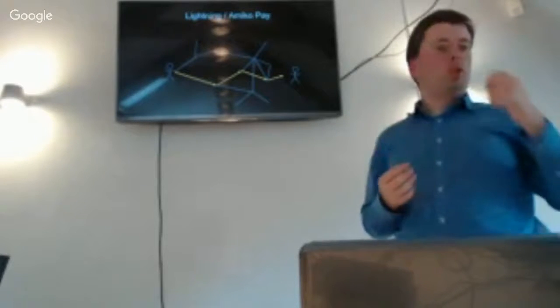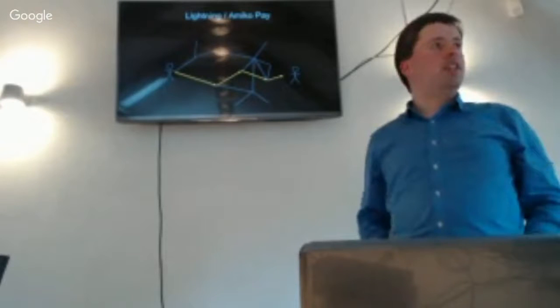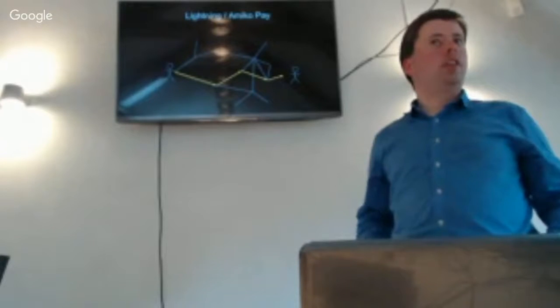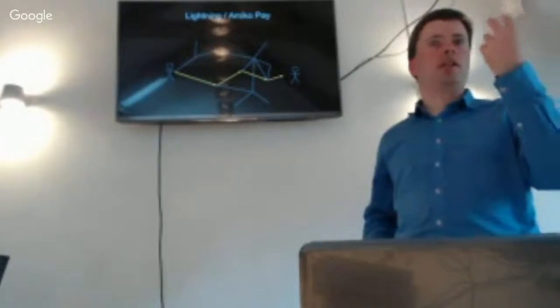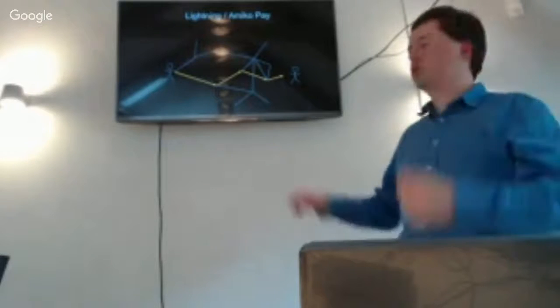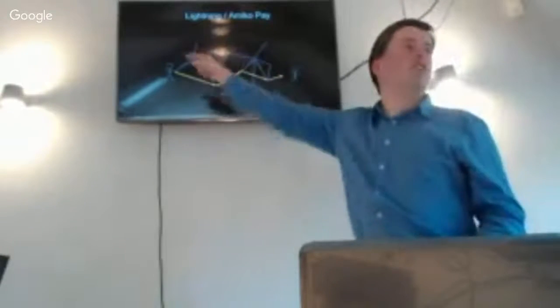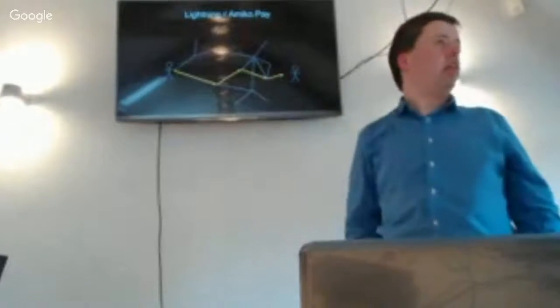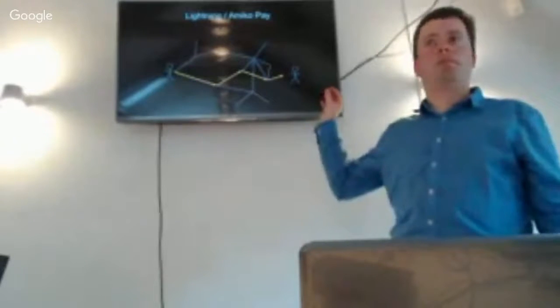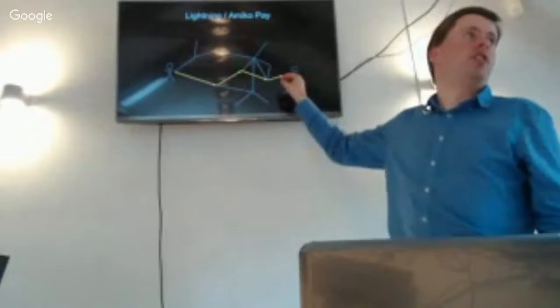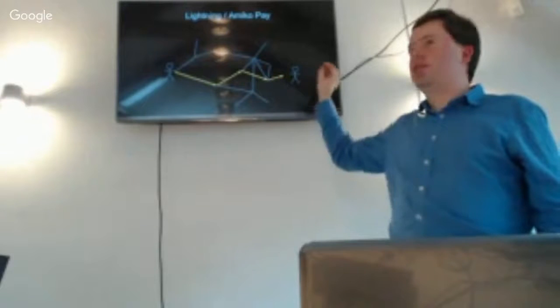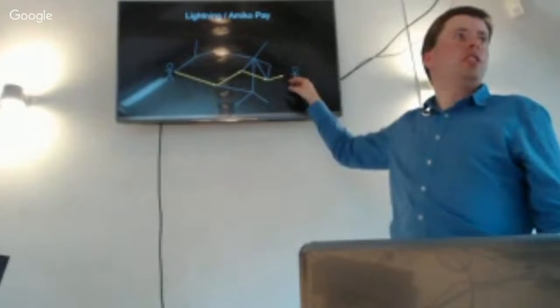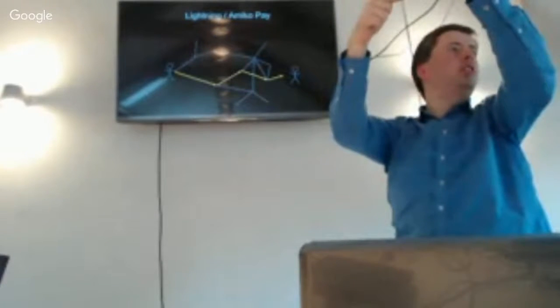What I do in Amico Pay is I decouple the task of being an address and the task of being an endpoint, either endpoint of the transaction. So you can be both an endpoint and have the address, or you can be an endpoint without an address, or without using your address for the transaction, and you route from both sides towards a node in the middle that has an address.